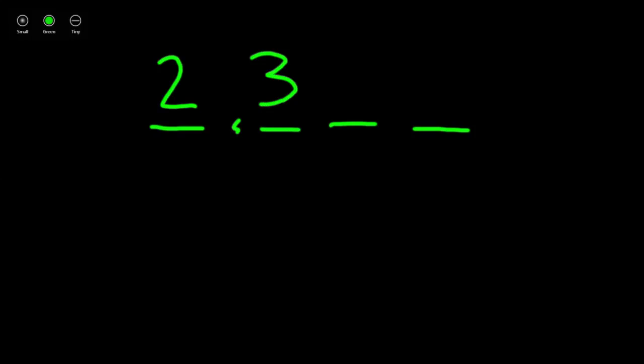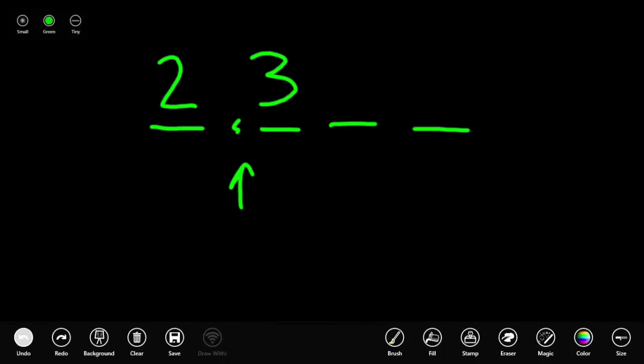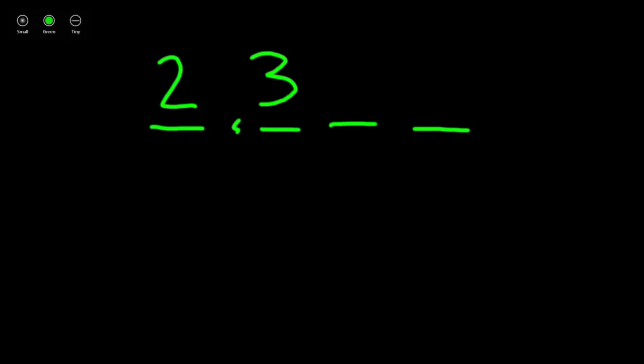Now we know that our ones place is to the left of the decimal, tenths place is to the right, hundredths place is your next place. Now let's add another place in and let's look at the thousandths place. If I was to read this number, I would just be saying 2. If I was to read this number, I would say 2 and, when I get to the decimal, 3 tenths, because I'm naming the tenths place.